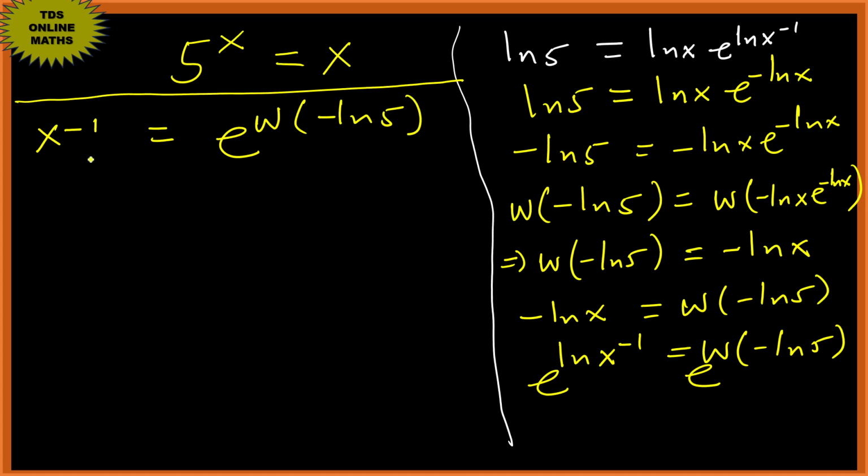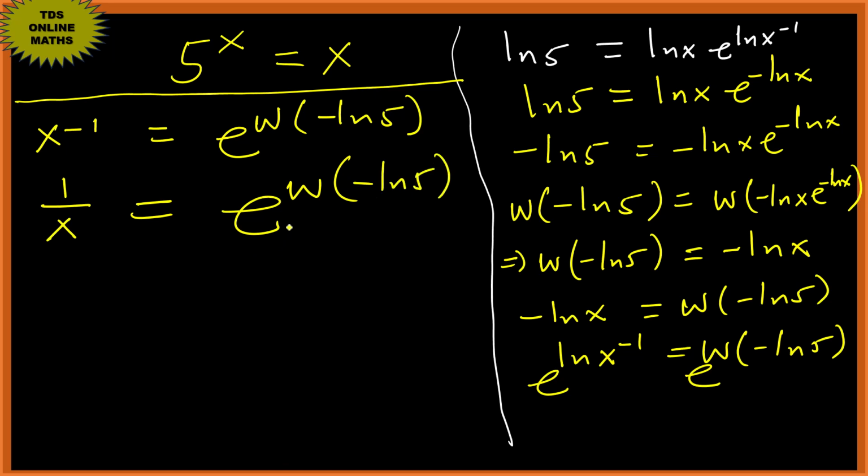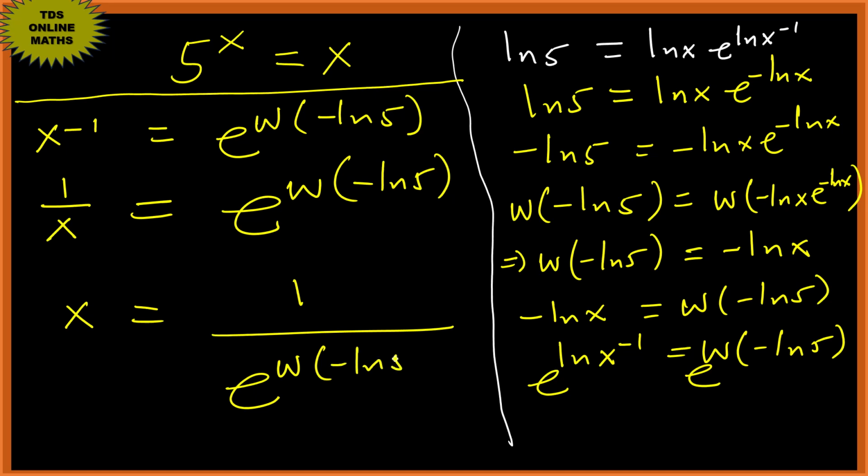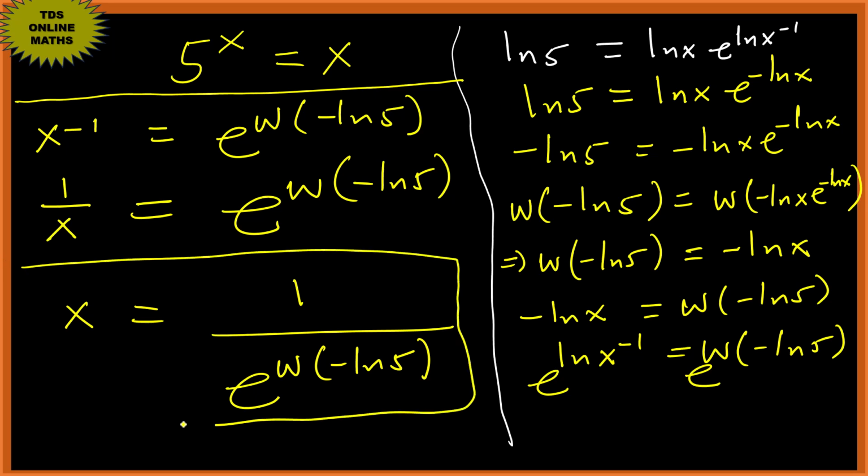This is the same as 1 over x equals e raised to W of negative ln of 5. So my x is just switching the position, or do cross multiplication. My x is straight away 1 over e raised to the W function of negative ln of 5. So that's the answer. That is my x.